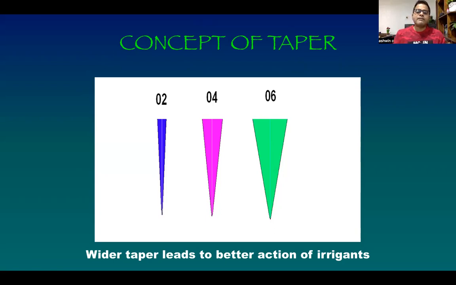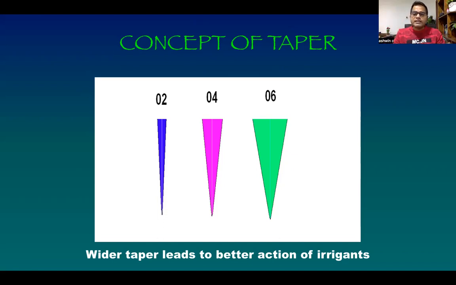Whichever file has lesser taper is always more flexible than the file which has a greater taper. That means the flexibility of the file is inversely proportional to the taper. So more taper, less flexibility. Less taper, more flexibility.